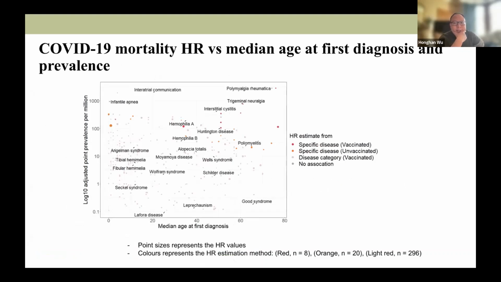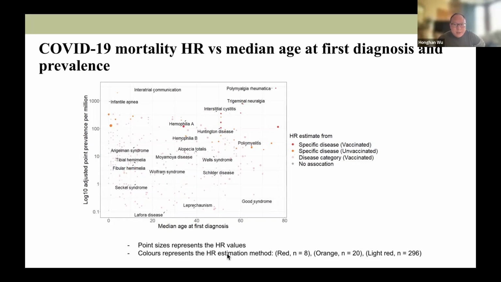And this slide basically breaks down a bit more, looking at the mortality hazard ratio, put into the median age of the first diagnosis of this disease and prevalence. The x-axis is the median age of the first diagnosis. The y-axis is the adjusted point prevalence per million for these diseases. Each dot is a disease or disease group.